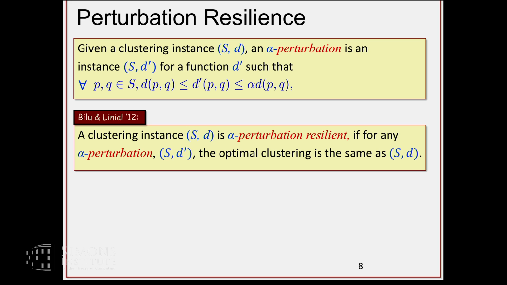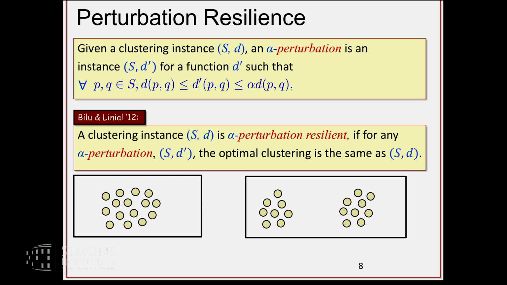And then a clustering instance satisfies perturbation resilience if for any of these alpha perturbations we do, the optimal solution stays the same. Okay, just another example. On the left, all the points are really close together, so this doesn't satisfy perturbation resilience. Whereas on the right, the clusters are more spread out, so it's resilient to changing the distances.